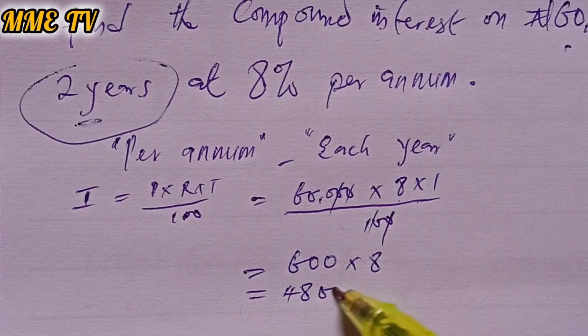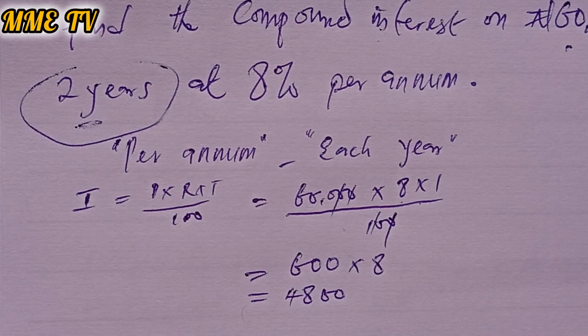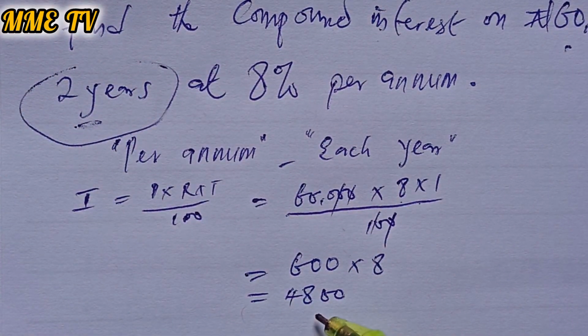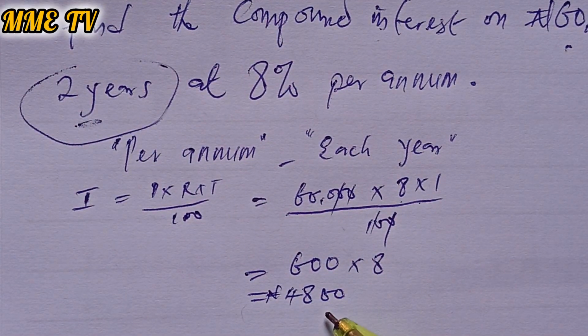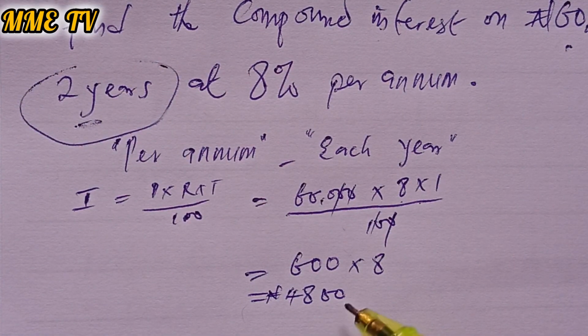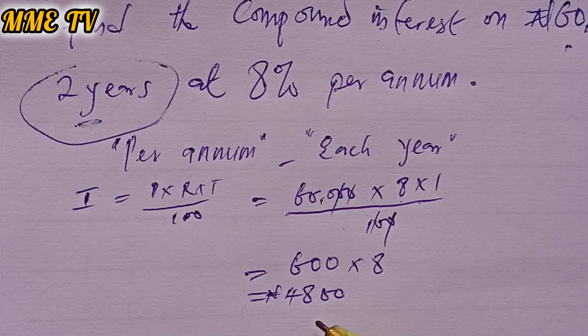These 2 zeros, I will bring them down, which means that the interest that I've generated for the first year is going to be 4,800. You understand?